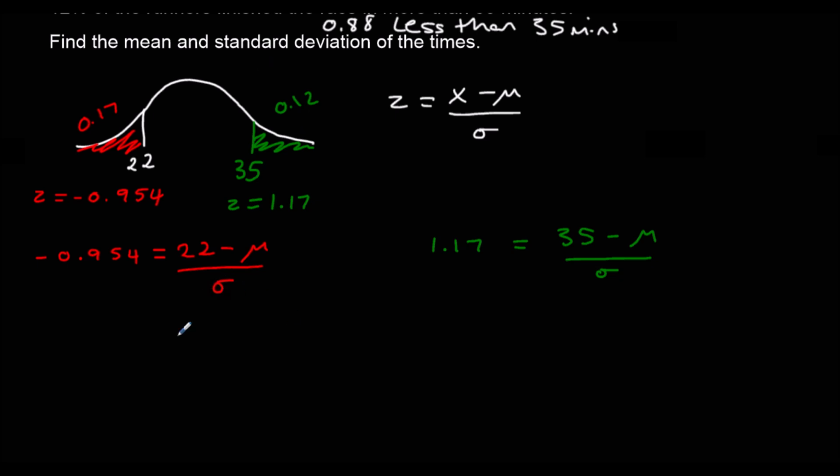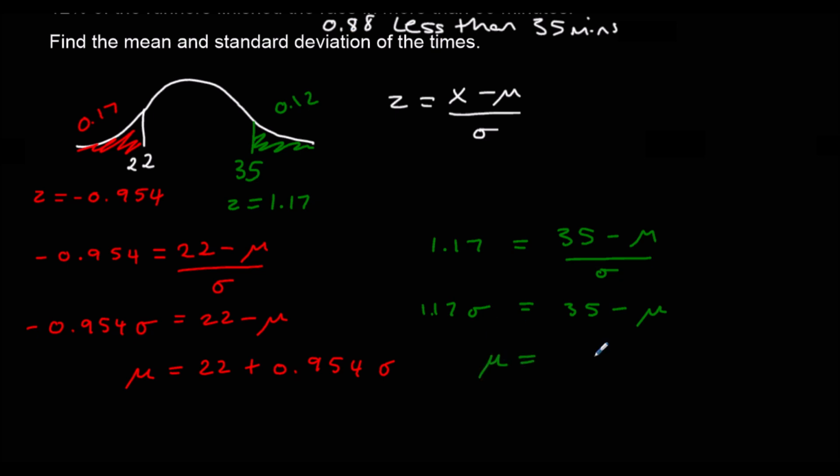So if I multiply by standard deviation, and the same for the other one, then plus the mean to both sides. And in this case plus 0.954 standard deviation. And for the green one, plus the mean to both sides and subtract 1.17 standard deviation.